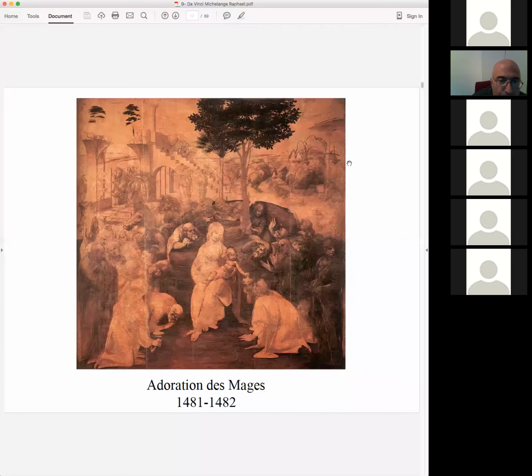Behind them, there is a scene that is imperfectly understood. And the reason why... Is it a battle? It seems like a battle. It's probably, to my view, and I might be mistaken, a reference to the massacre of the innocents.